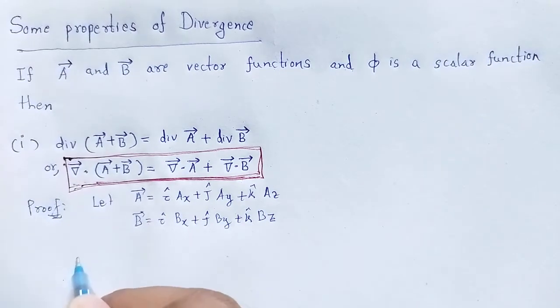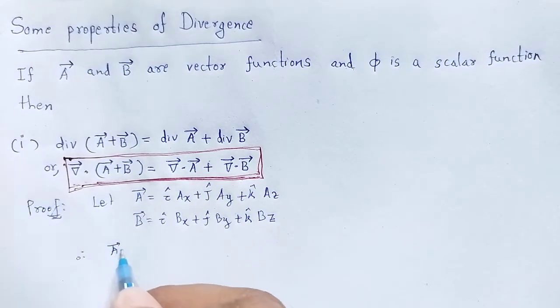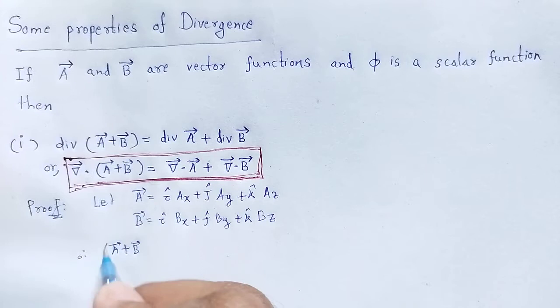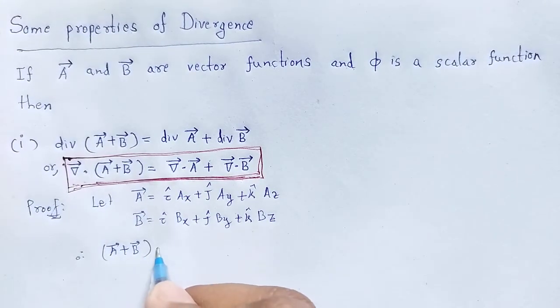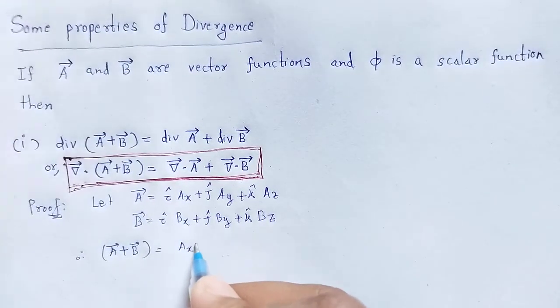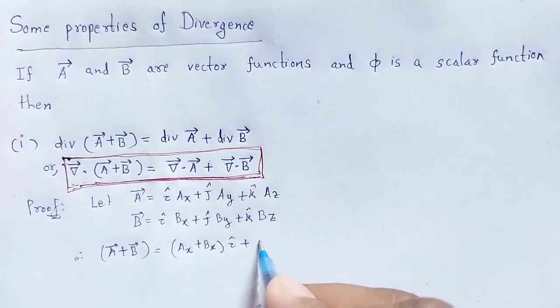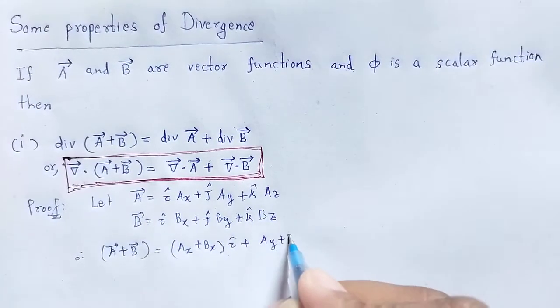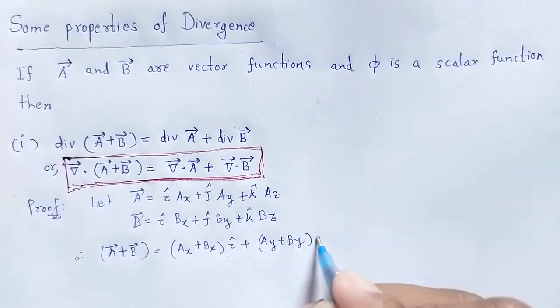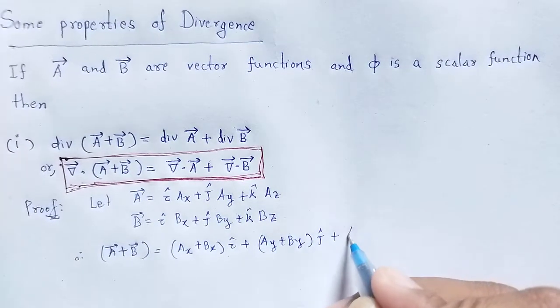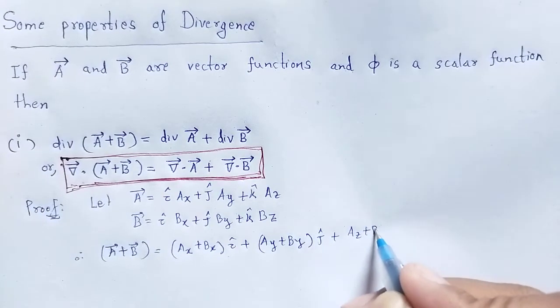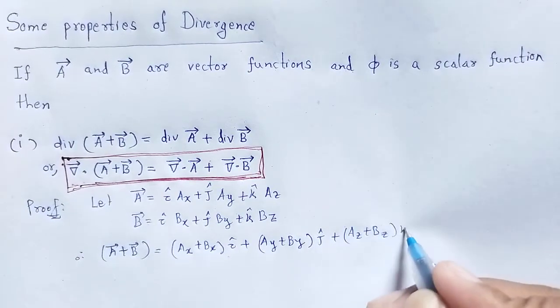Therefore, a vector plus b vector is equal to ax plus bx i cap plus ay plus by j cap plus az plus bz k cap.